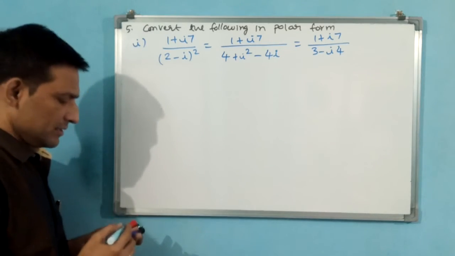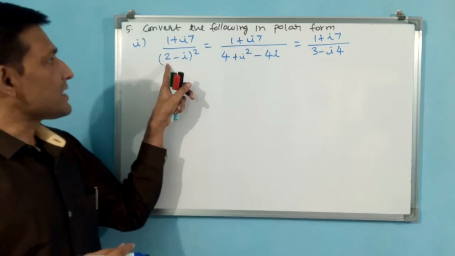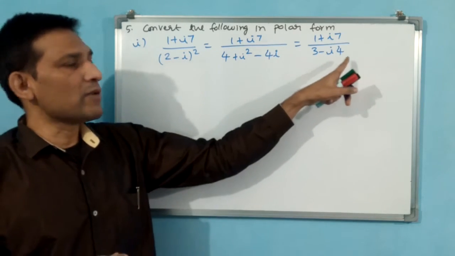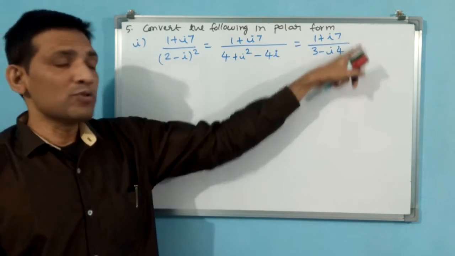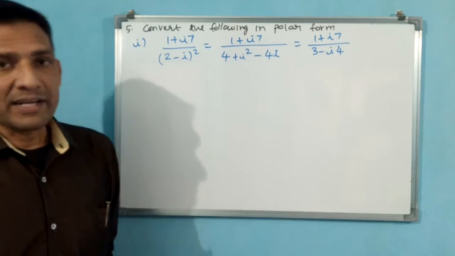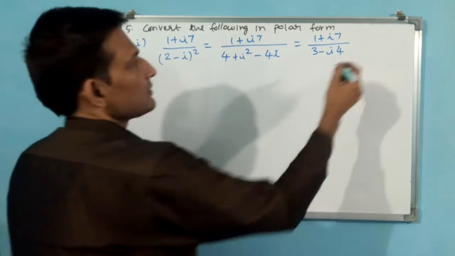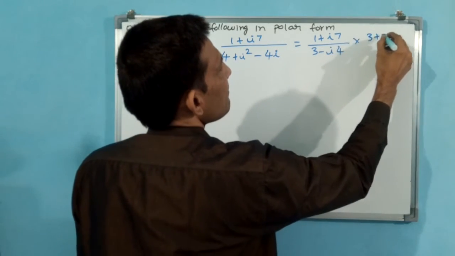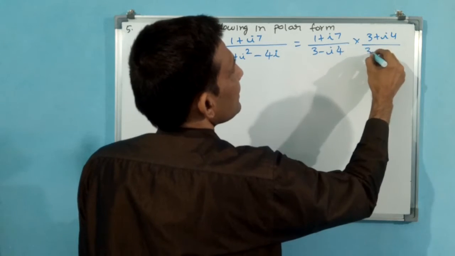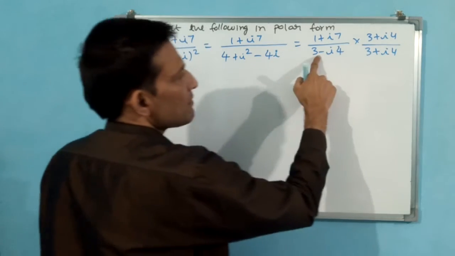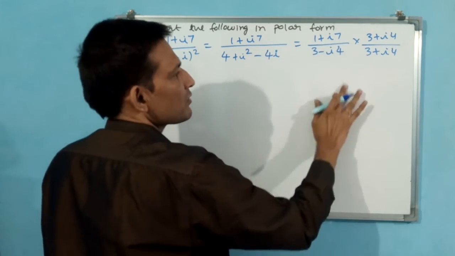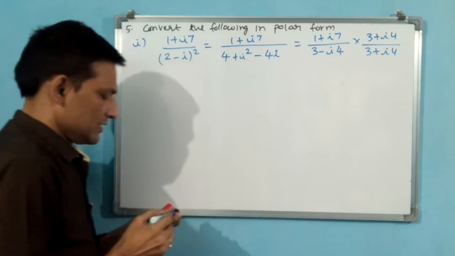Is it okay? Now you see, rather than in square, now ordinary form it has come. Now you can do the rationalization. Shall I do direct rationalization? Okay. 3 plus 4i by 3 plus 4i. Why? Because see, minus, plus. Same numbers you have to take. Rationalization.